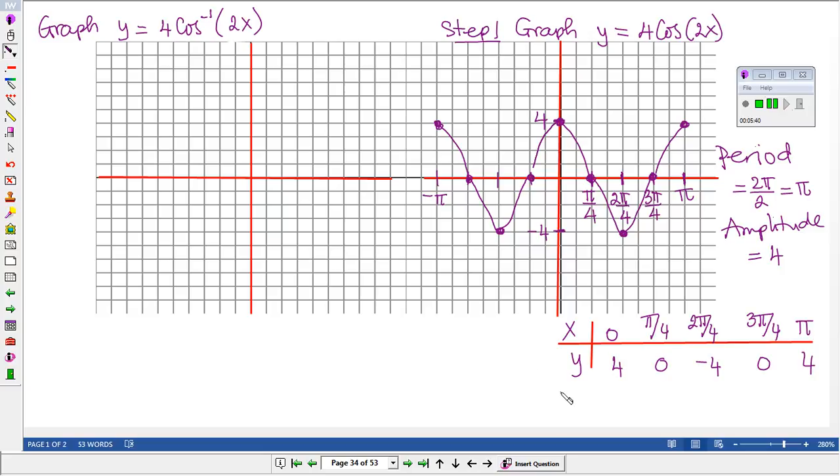Step 2 now. We have to select a piece, and that piece has to be 1 to 1.